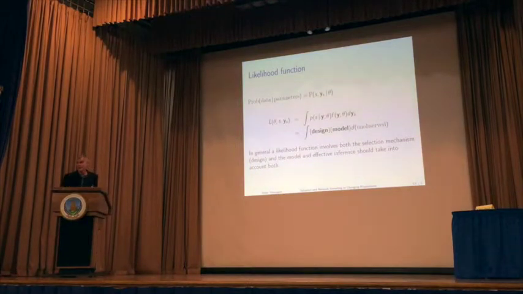In the model-based approach, there's some clarifying work by Don Rubin and some others that I think laid it out really well toward the end of the 1970s, for both sampling and experimental design, on how the sampling design integrates into the likelihood function.